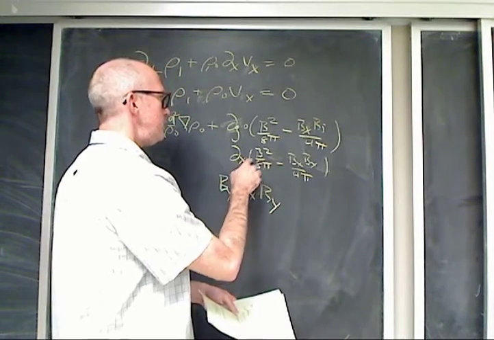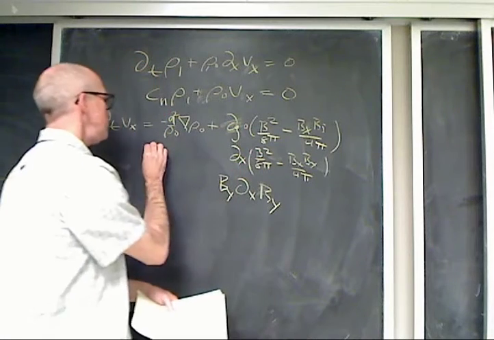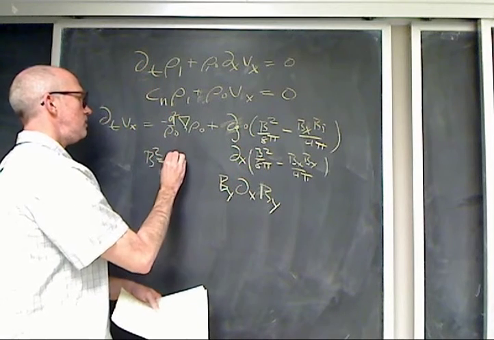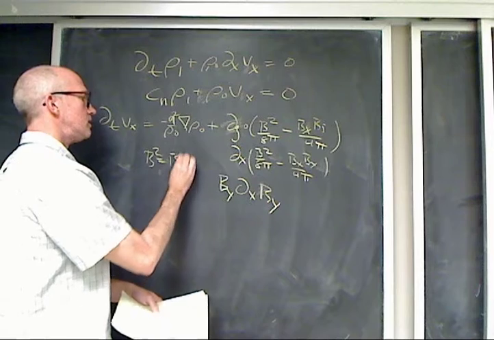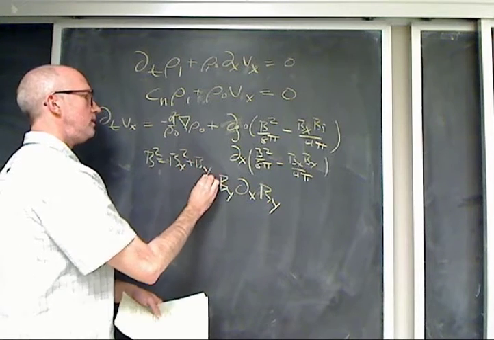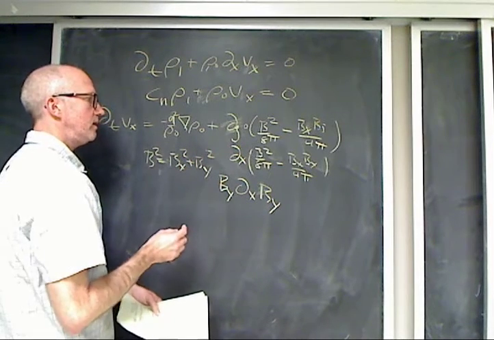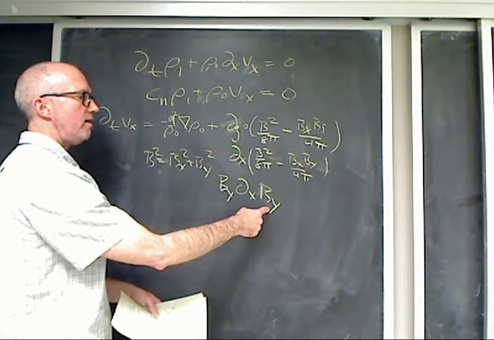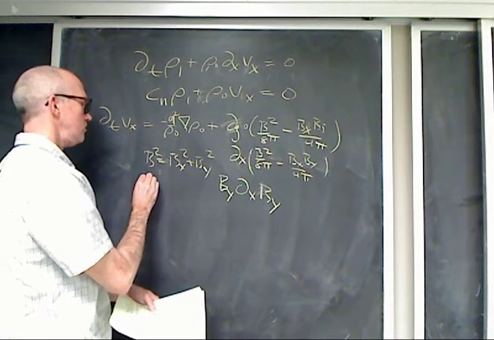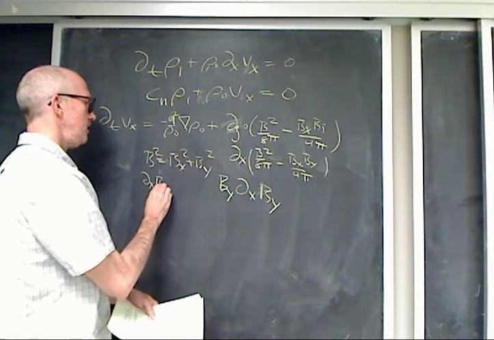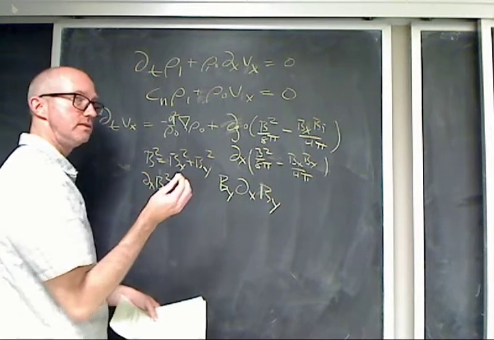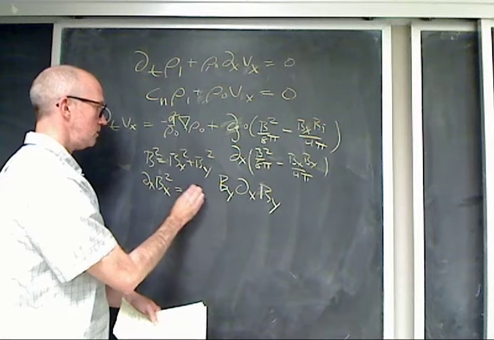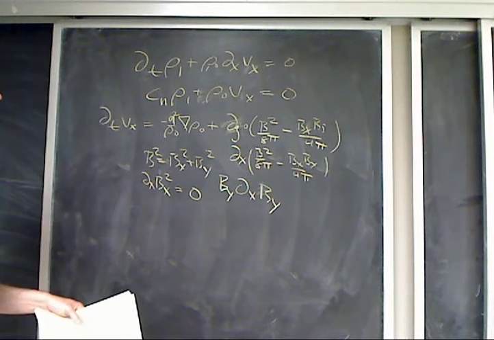So this term is d by dx of B squared over 2. B squared equals Bx squared plus By squared. So when I take d by dx of that one, I'm left with By times d by dx of By. But what's d by dx of Bx squared? It is 0. Why?